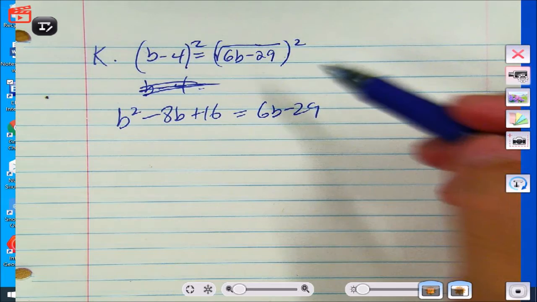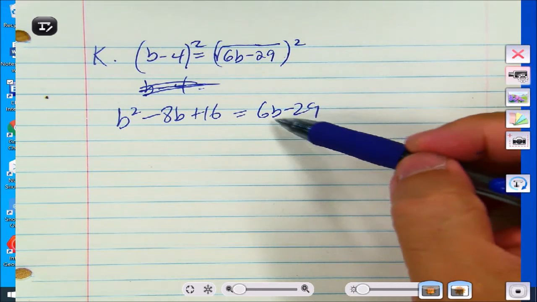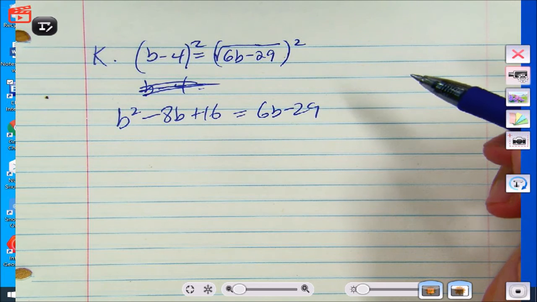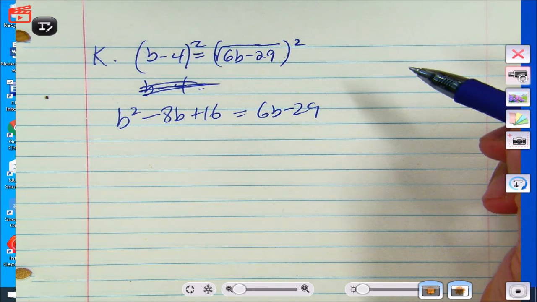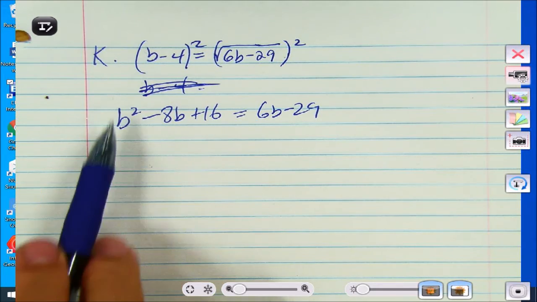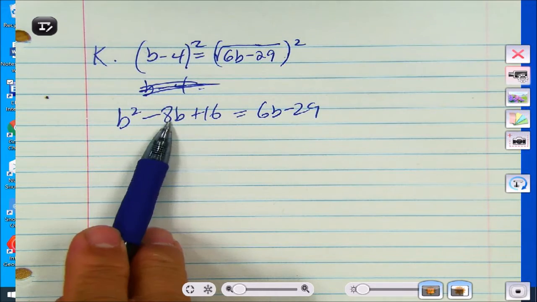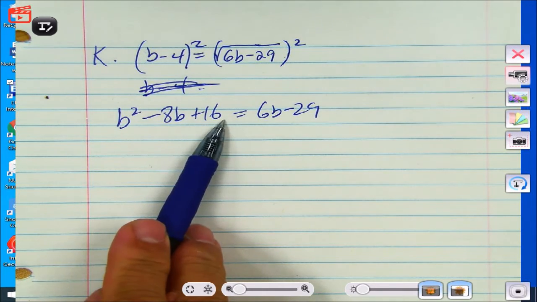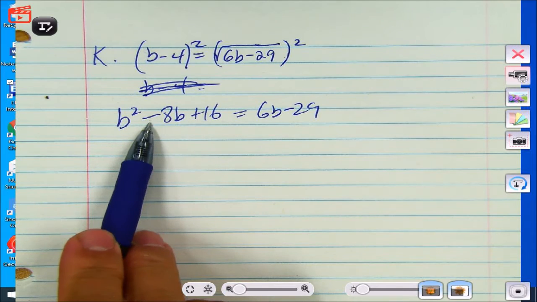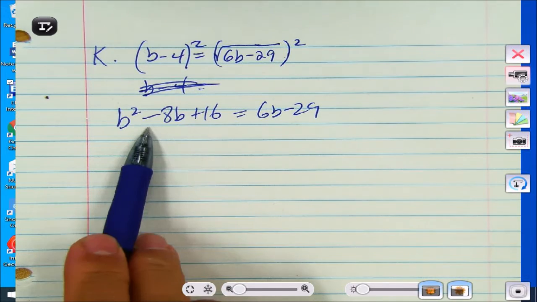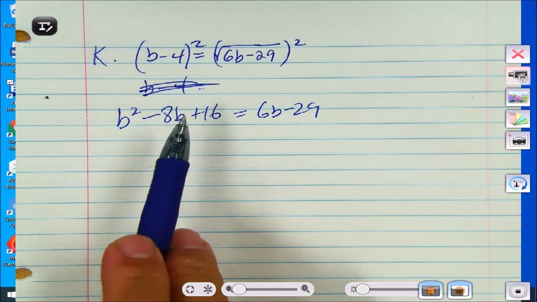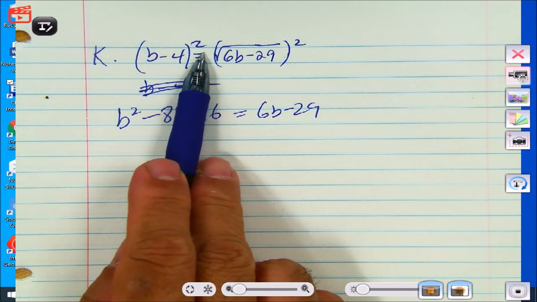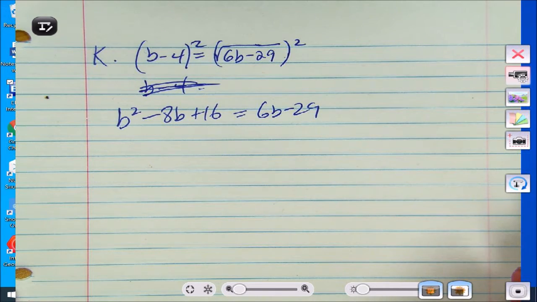When you square a square root, those two cancel, so you just have 6b minus 29. So I square the b, I double the 4, and I square the 4. Whatever sign that is, I keep that sign. If that's minus, I put a minus here. But this one is always plus when you square a binomial. So it's square, double, square.